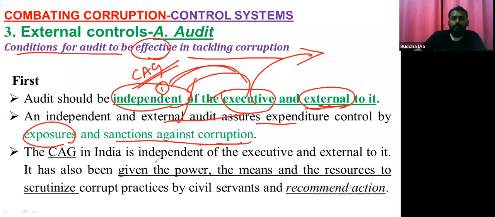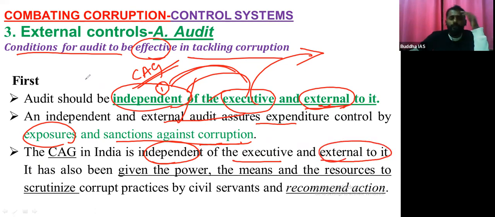The CAG in India is independent of the executive and also external to it. So the first and foremost condition for audit to be effective is that it should be independent and also external to the executive. In India, we have got the CAG who is independent and also external to the executive.